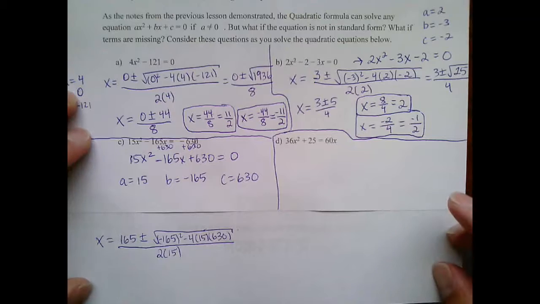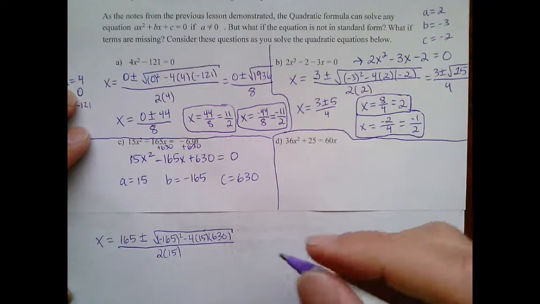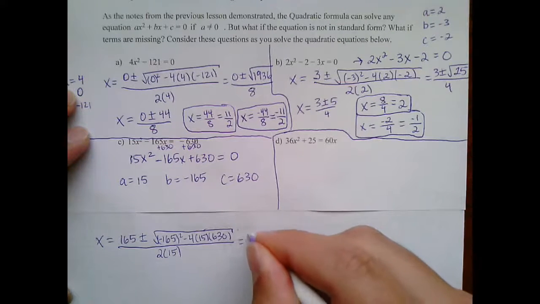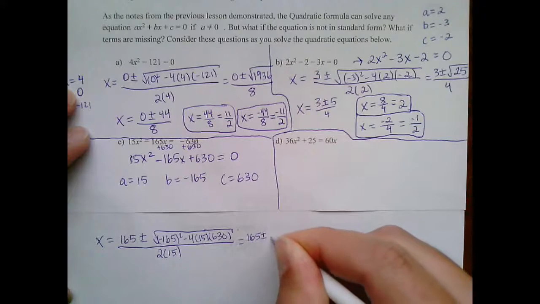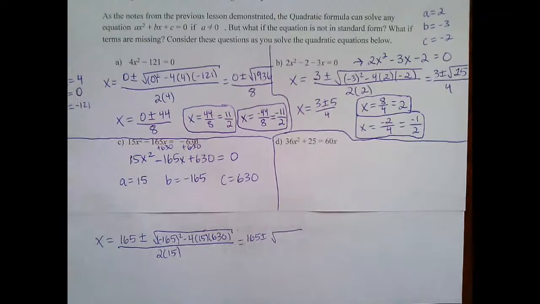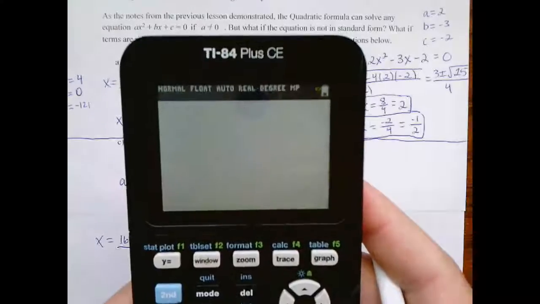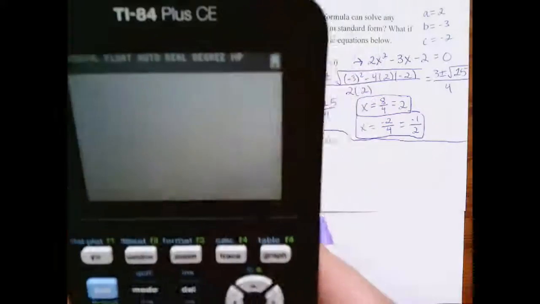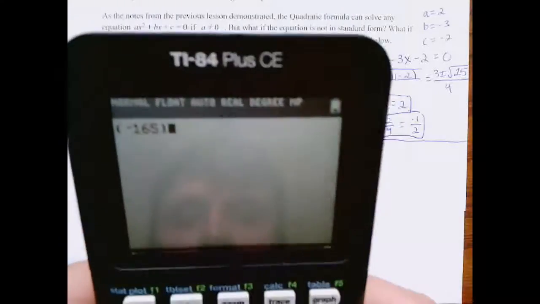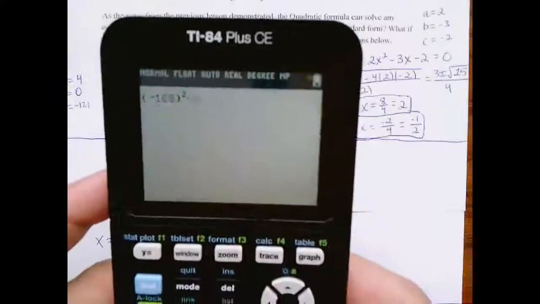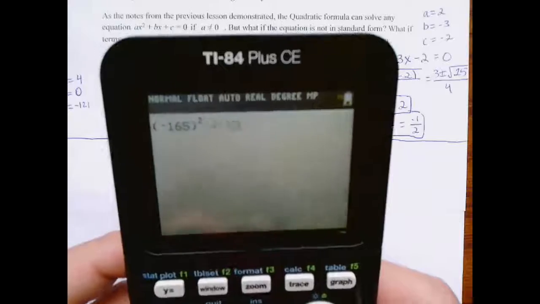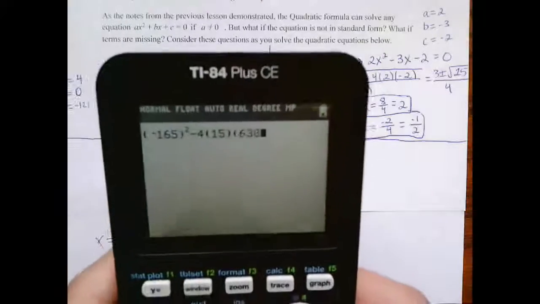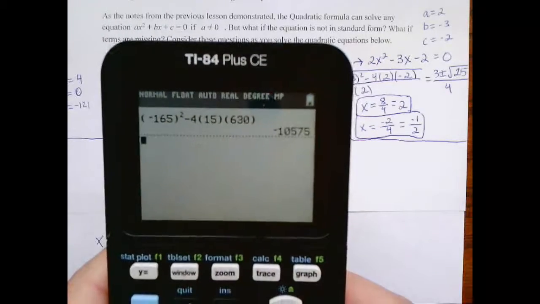Okay, so then maybe we should find out what this big square root is. So we have 165 plus or minus the square root. Let's go find out. Definitely don't expect you to have this one without a calculator. So we can go in parentheses negative 165, square it, minus 4 in parentheses times 15 times 630, just like what we have on the paper.